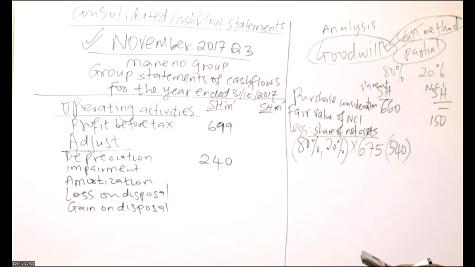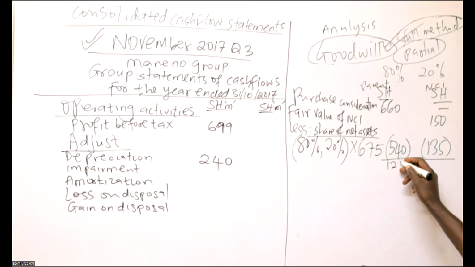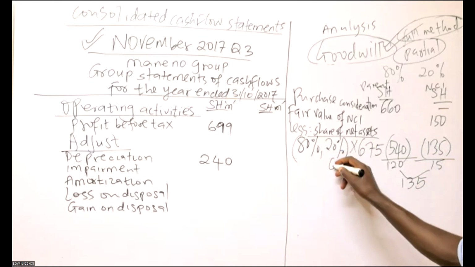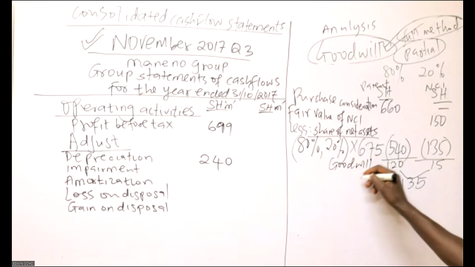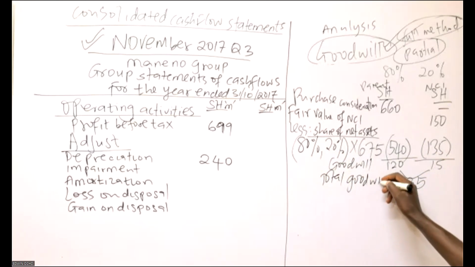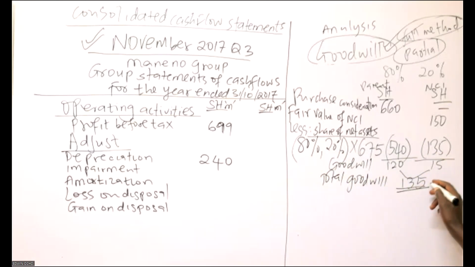Then 20% times 675, this is 135. So 660 minus 540 is 120. Then you have 15. So this is 135. So this is goodwill. So you have total goodwill of 135. So this is the goodwill of a subsidiary which was disposed.